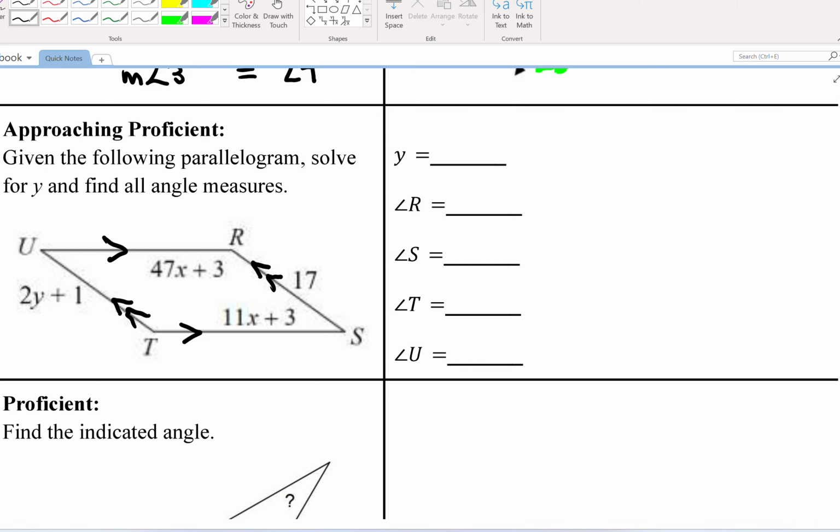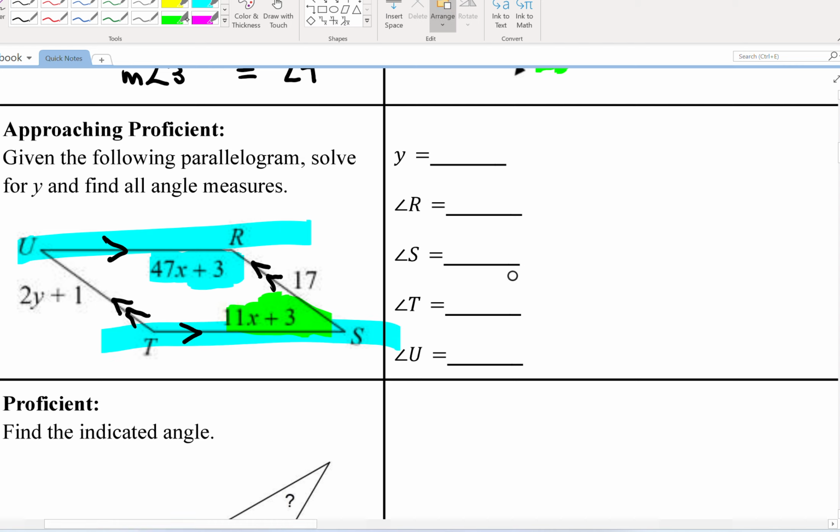So if you think about it, this angle right here, represented by 11x plus 3, and this angle right here, represented by 47x plus 3, are same side interior angles for these sets of parallel lines. And then this one would be the transversal.